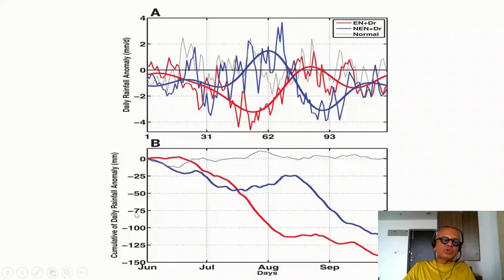So if you look at the evolution of the cumulative rainfall, there is the normal year, there is the El Nino year, which accumulates the deficits and gets larger than the non-El Nino drought here. So the non-El Nino drought, because of this active period here, the deficits decrease and then it crashes. So the growth rates of the drought or the deficit are similar, but in general the non-El Nino droughts are milder, less in terms of rainfall deficit.